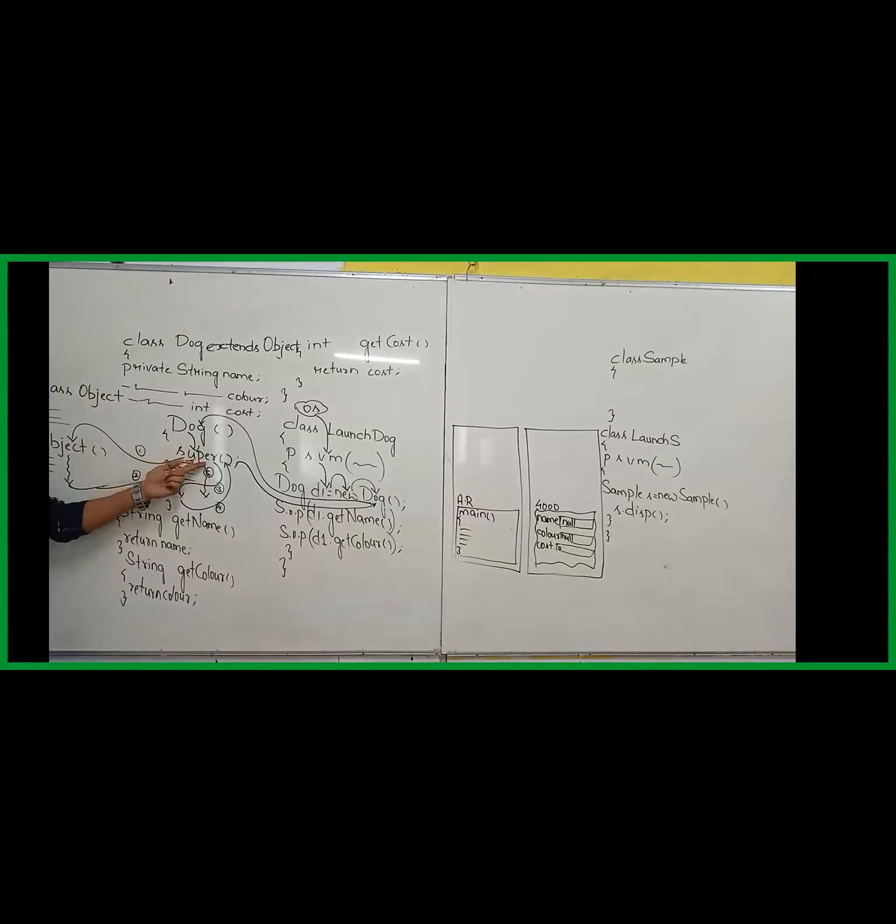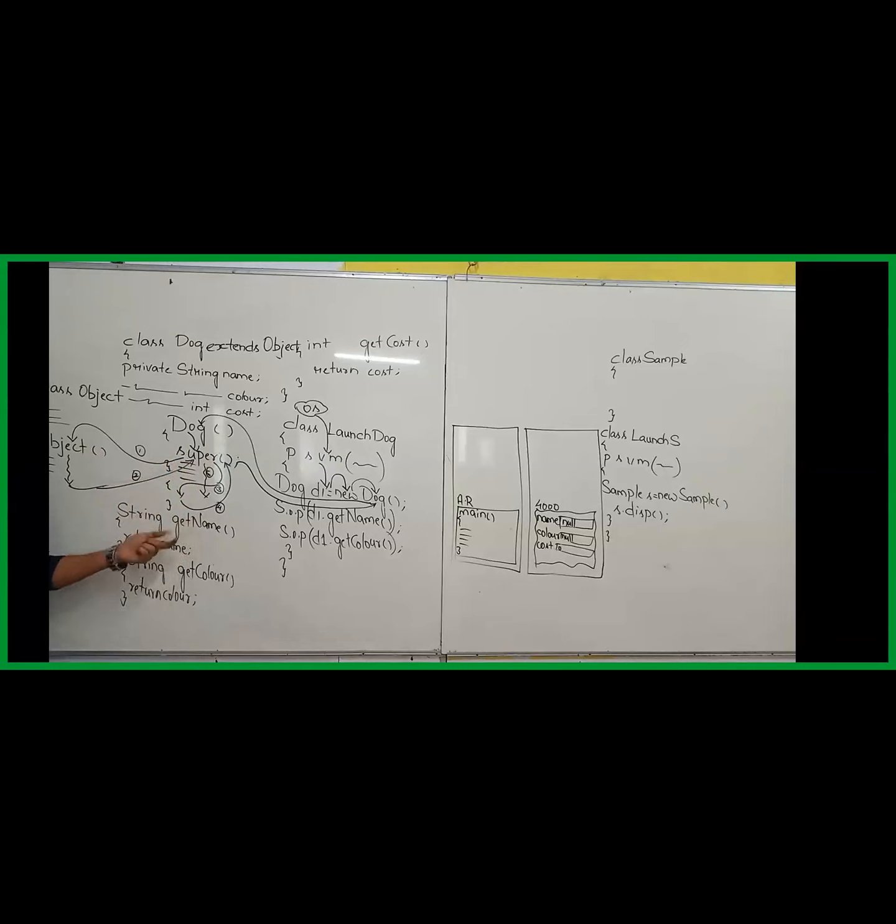After the super method, even though you write thousands of lines, just like your main method, even if there are thousands of static methods, which method will get executed first? Main method only. In a similar way, even though below this you write thousands of statements, immediately after your super method execution, it will go to the non-static block, execute, and then come back and then execute the remaining statements. Clear with that?